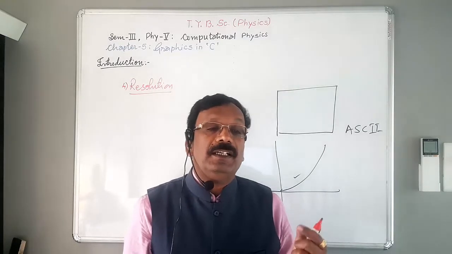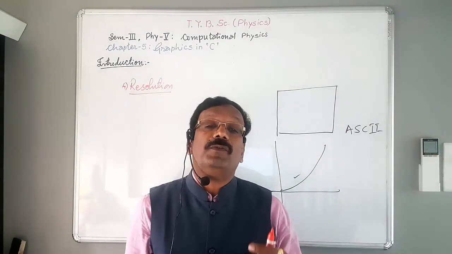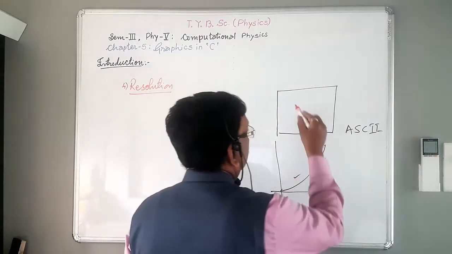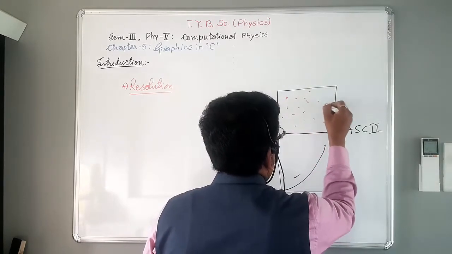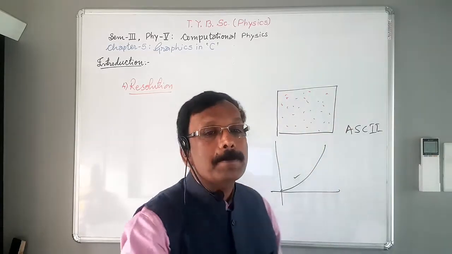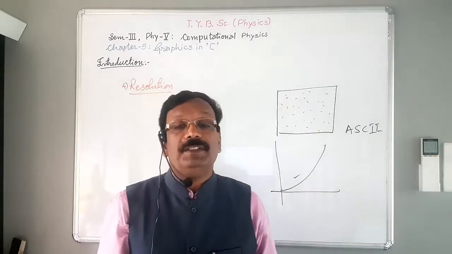Concentrate: the display screen is divided into a number of dots called pixels. Suppose this is a computer screen, divided into a number of dots, and these dots are called pixels.